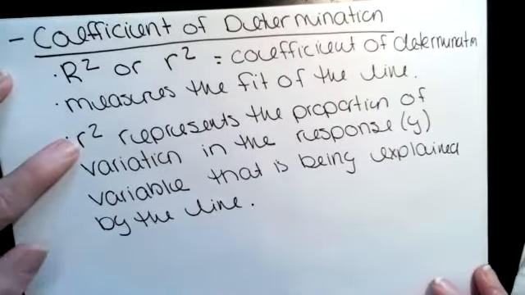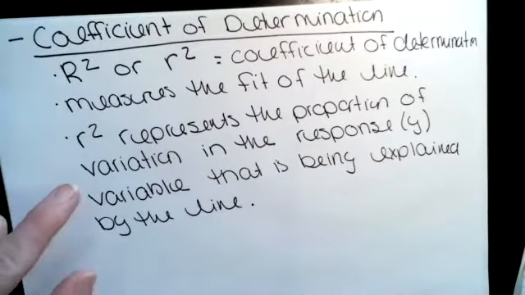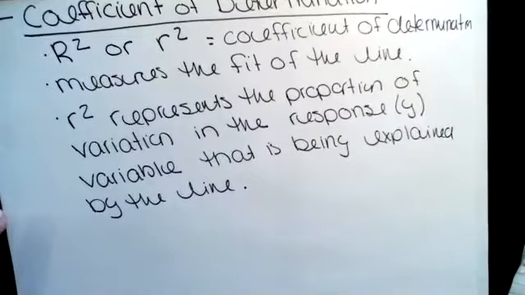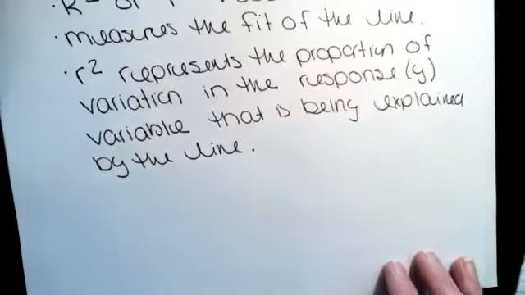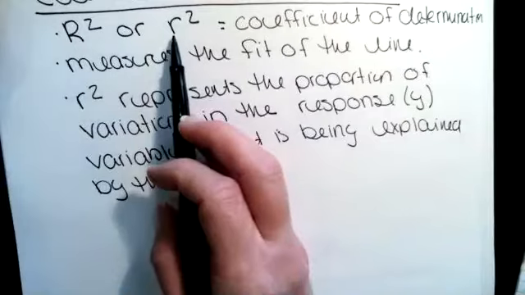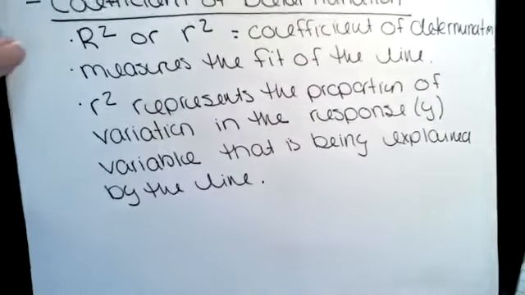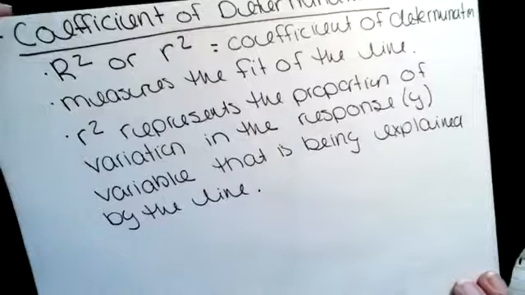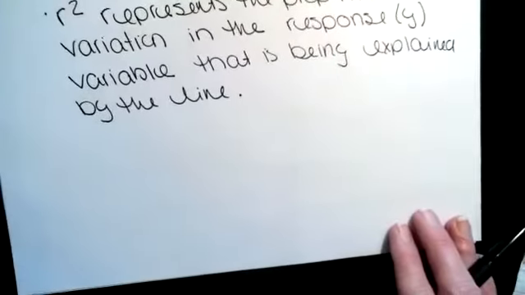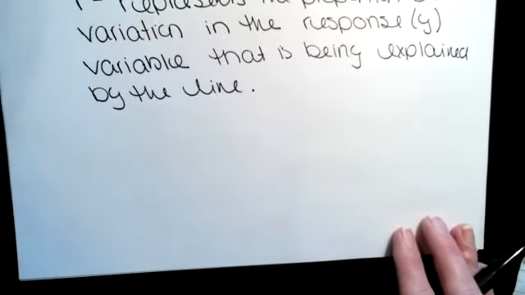So r squared is the percentage of variation in the y variable that's being explained by the line. Now, since r squared is actually our lowercase r being squared, let's think about lowercase r, our correlation value, that was between -1 and +1, right?